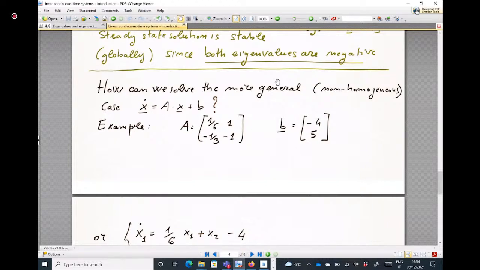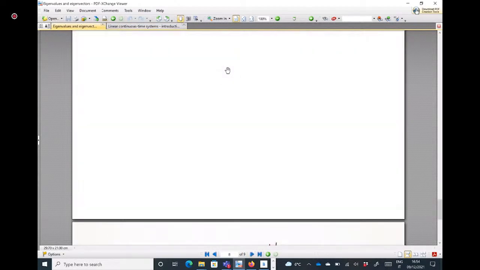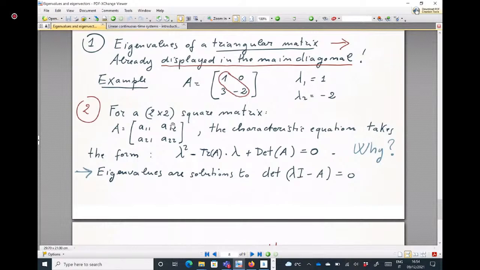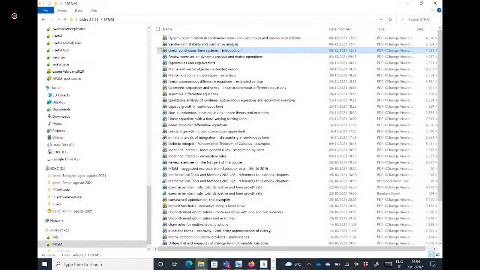Okay. By the way, saddle path stability is the most common type of stability in continuous time models in economics.